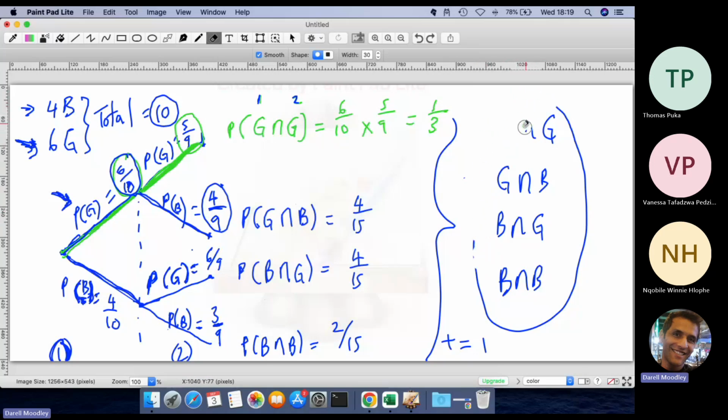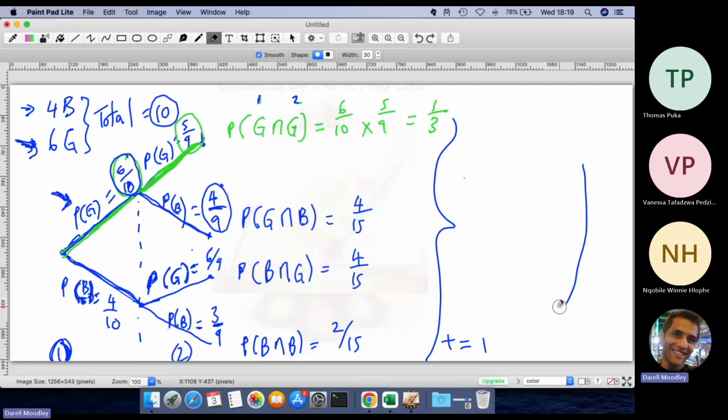Now, I'm going to let you do this as an exercise. I'm not going to do it for you, but this tree has all the information you need to work that out. I'll just give you the answer, and you need to work towards it. If you're stuck and you don't understand how to get it, you can email me.